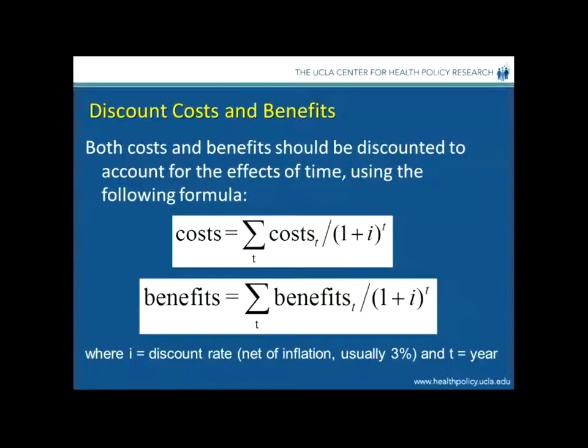But this is the part that's less intuitive. What the panel on cost effectiveness recommended is that benefits are also subject to the same effect of time, that future benefits should be discounted the same way that economic resources, i.e. dollars, are discounted. And this was controversial at the time, and by the way, is in the field an ongoing source of debate. There are some people who argue that if you discount benefits, you're kind of ignoring future generations.